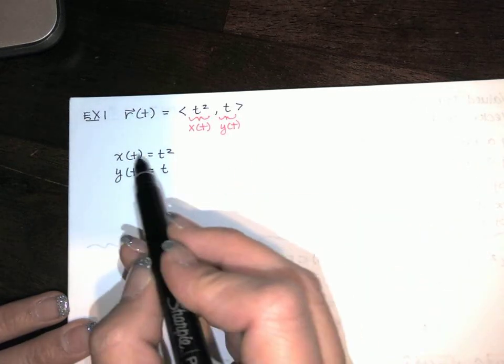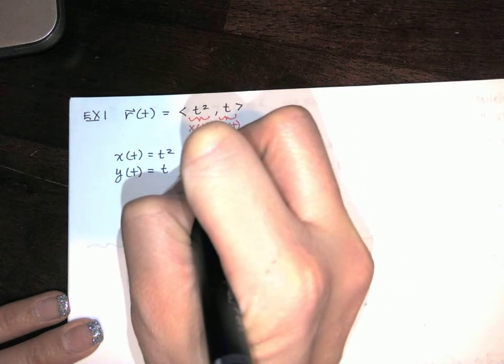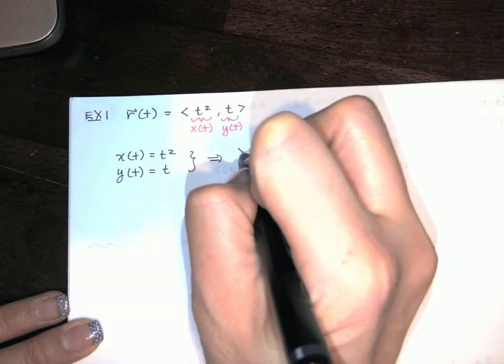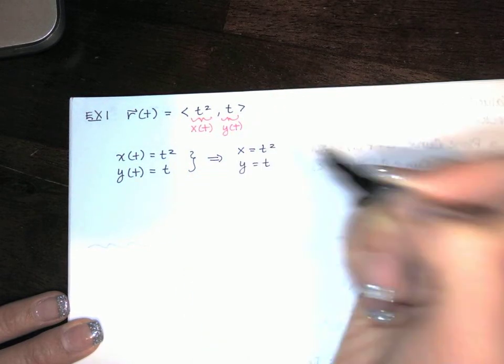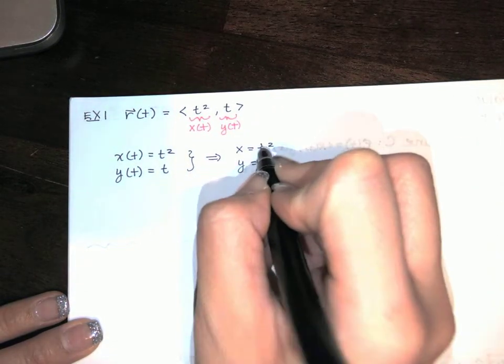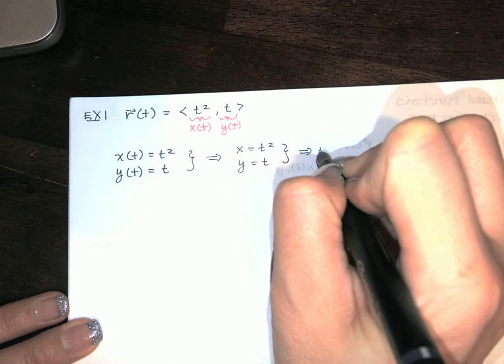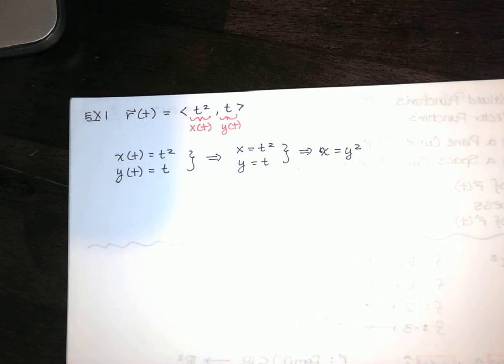If y equals t and x equals t squared, I can put those together. I'm going to drop the dependence on t. Well, I can replace this t with a y. And so we get x equals y squared. Hopefully you remember that's a parabola on its side.